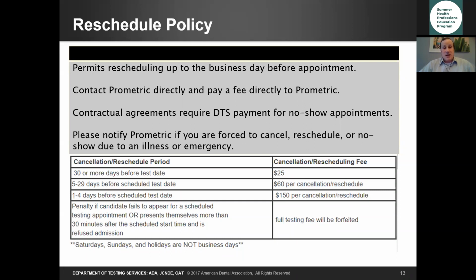So if that is the case, if you're sick, if some other emergency, family emergency should come up, you would just either notify us or Prometric, provide documentation for whatever you say is the reason that you need to reschedule or that you're not able to show up for your appointment, and we can work with you to get you set up so that you can schedule a new appointment. There are always exceptions to be made under extreme circumstances.